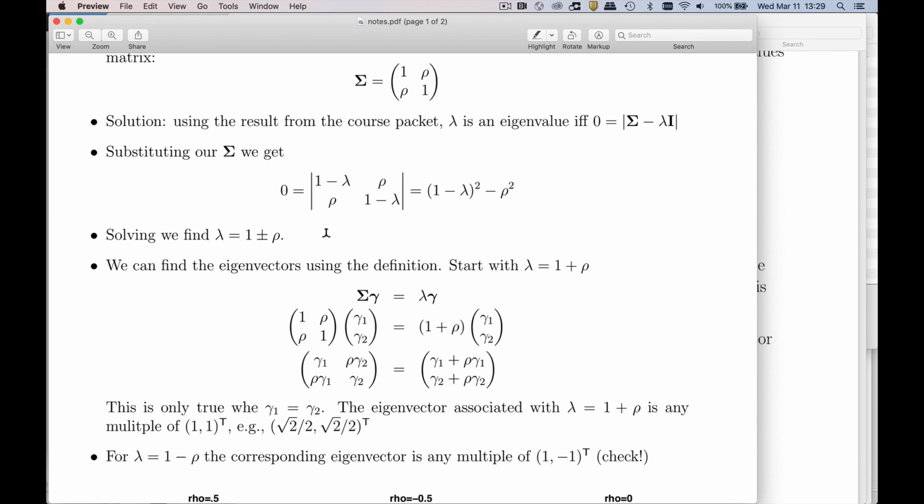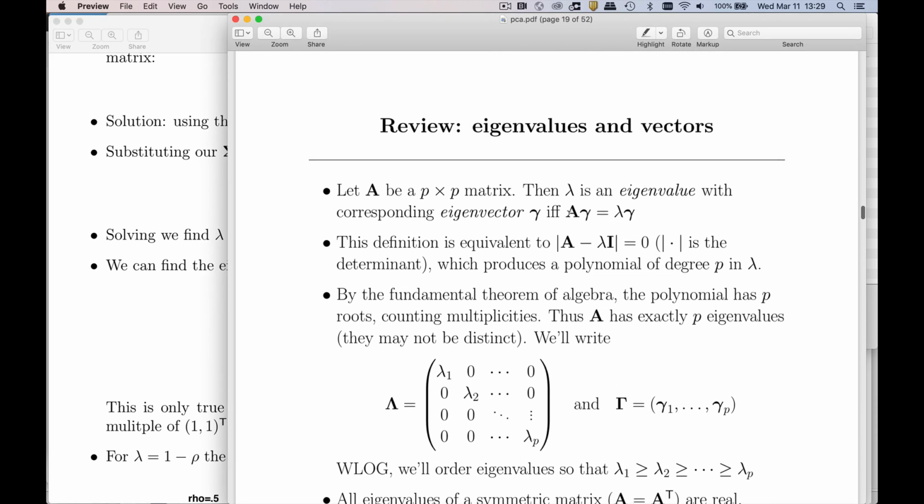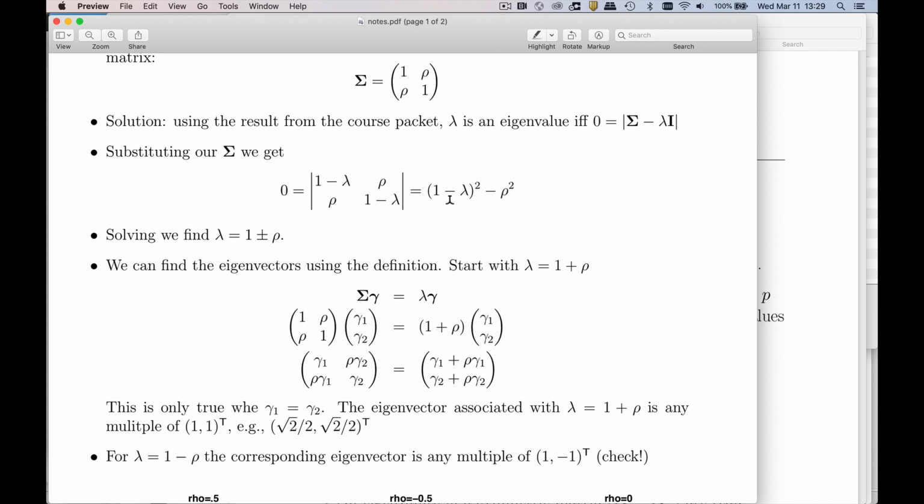Well, now let's go find the eigenvectors. To find the eigenvectors, we're going to go back to the definition that I gave you. If we take the matrix times the eigenvector, we have to get some multiple of the eigenvector, and the multiple is the eigenvalue times it. I'm going to start out with one of my eigenvalues, and I happen to choose the eigenvalue 1 plus rho.